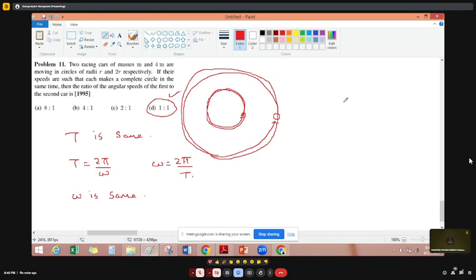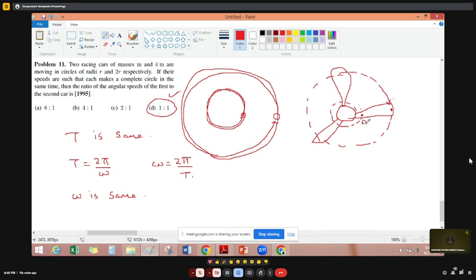If this is not making sense, imagine your fan blades. By the time this point completes one rotation, this point also completes one rotation.